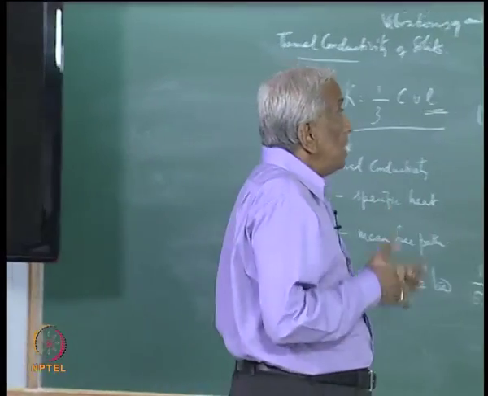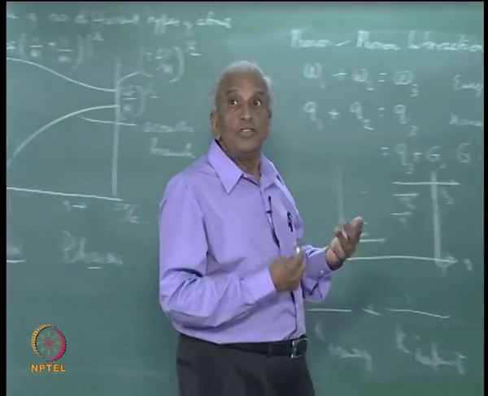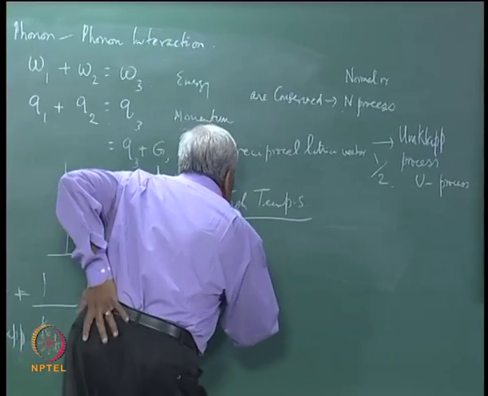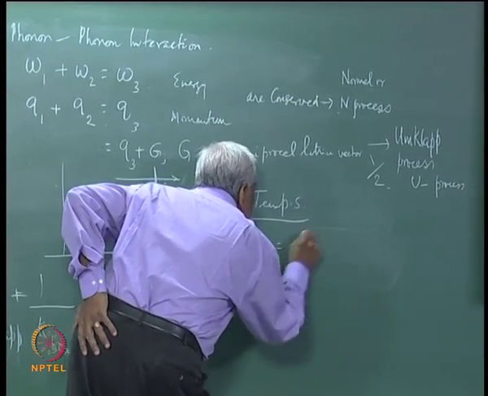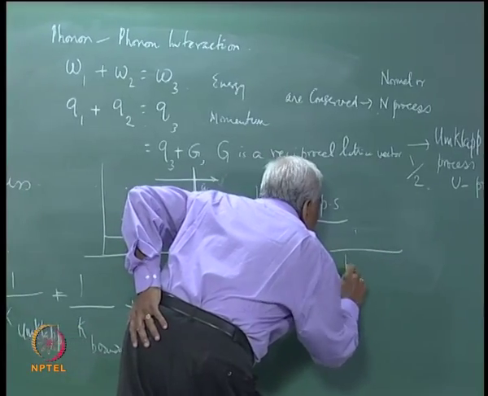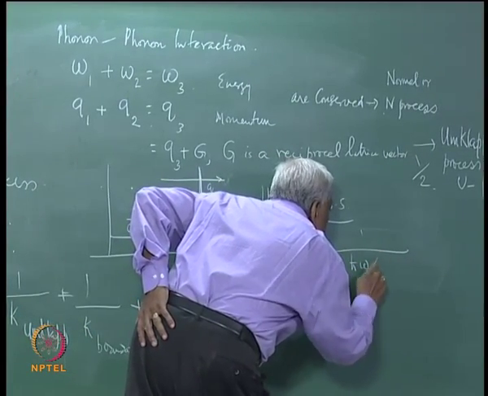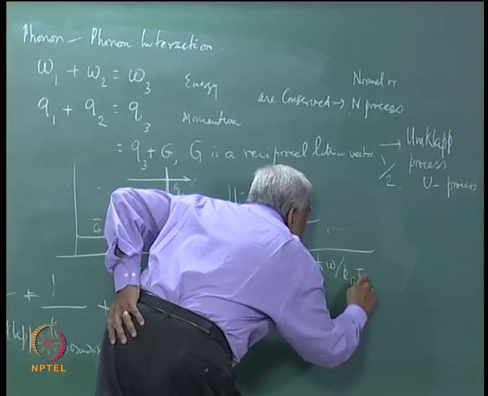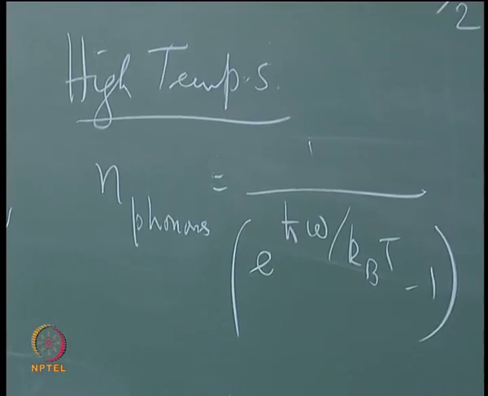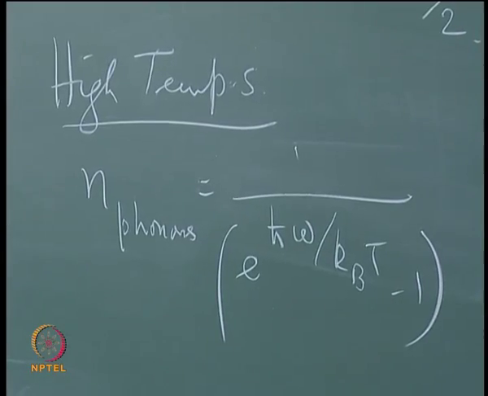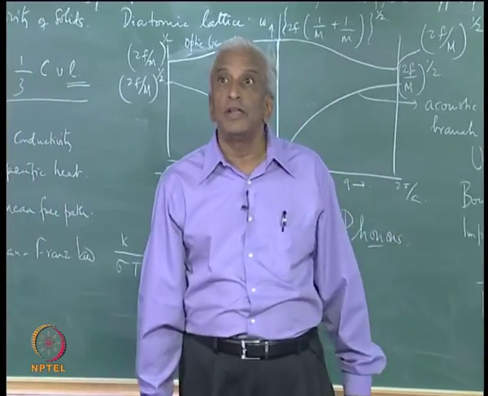So, in a given mode, we know that the number of phonons is given by 1 by e to the power h cross omega by kBT minus 1. This is the factor which will give you this.